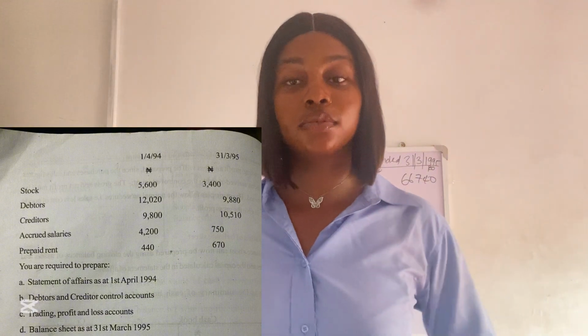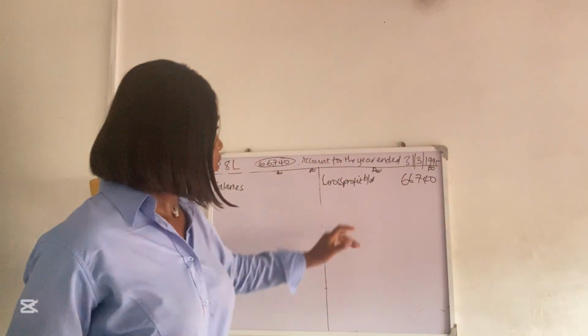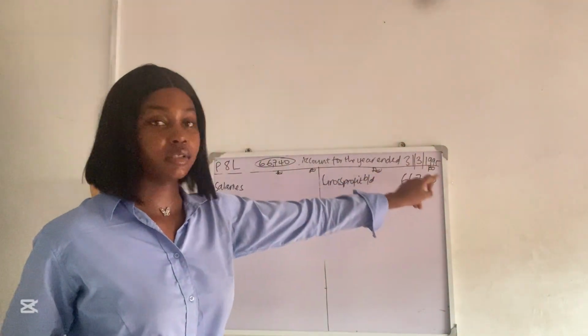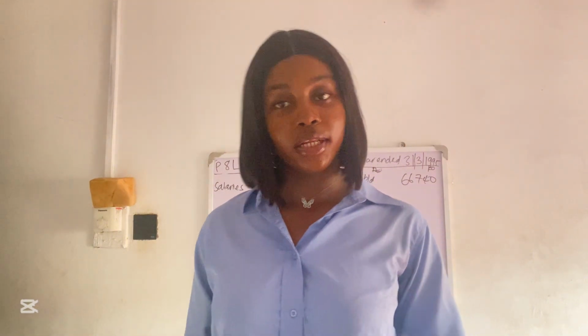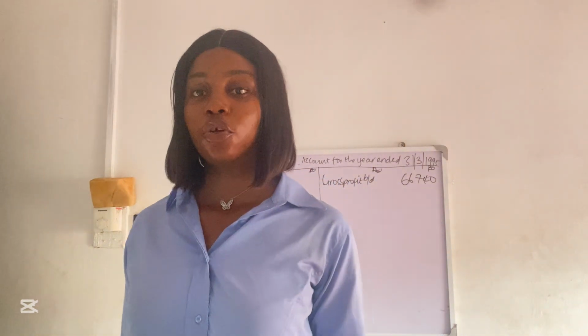What's only concerned in the P&L for the year ended 31st March is just things of this year. Owings of last year, you less it. Owing of this year, you add it. Same goes for prepaid. You less prepaid of this year, and you add prepaid of last year.